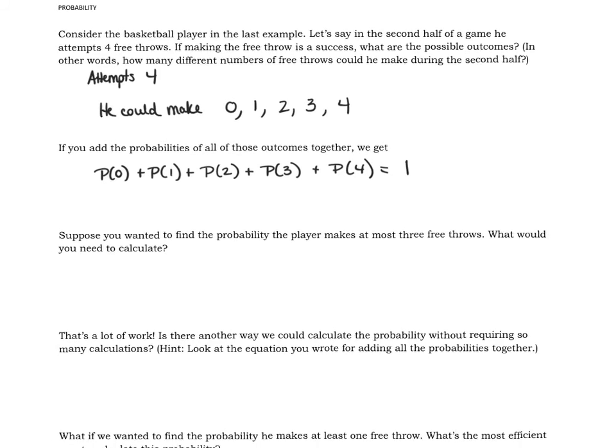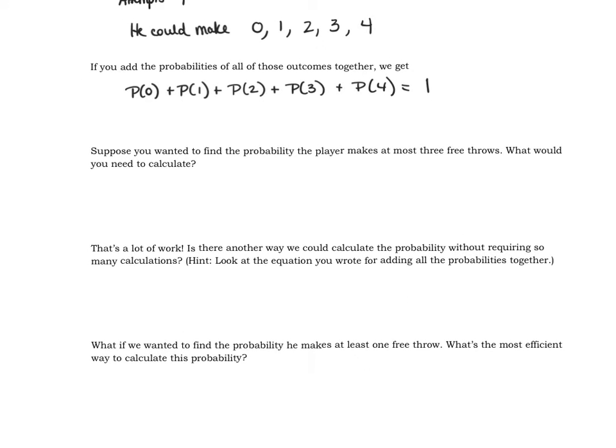So let's say we want to find the probability that a player makes at most 3 free throws. At most 3, remember, means a maximum of 3. So what we would want to calculate is the probability that he made 0, 1, 2, or 3 free throws.